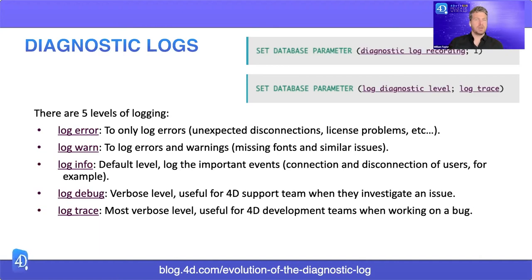Thanks to the new database parameter diagnostic log level, you will now be able to control the flow of logs in the diagnostic log and keep it the size that you need. And by default, info is the default level of the logging status.